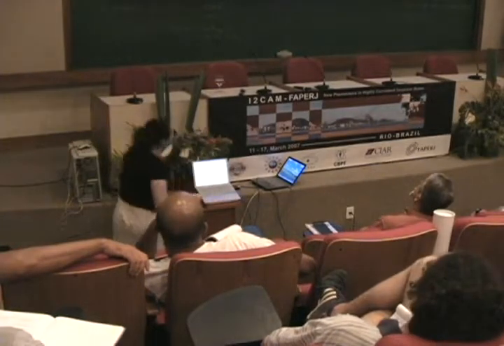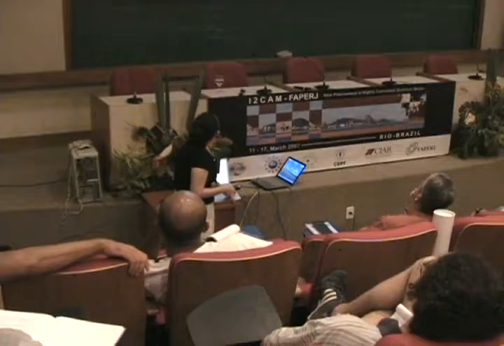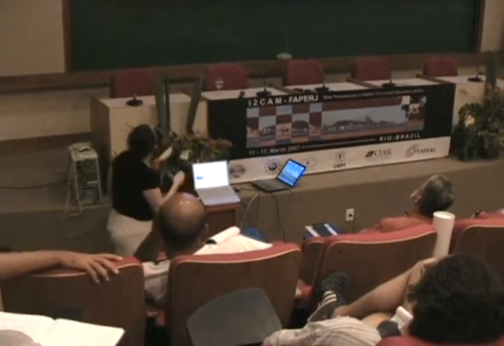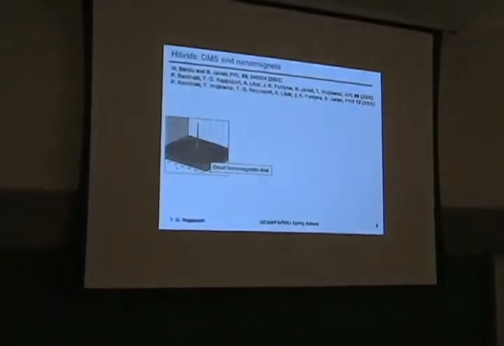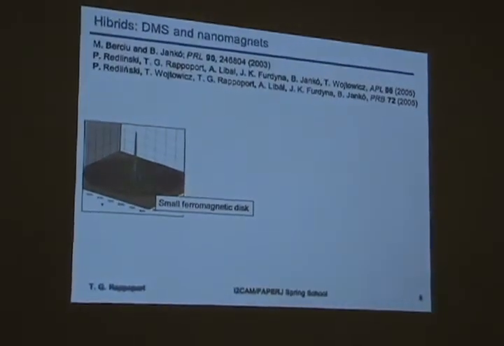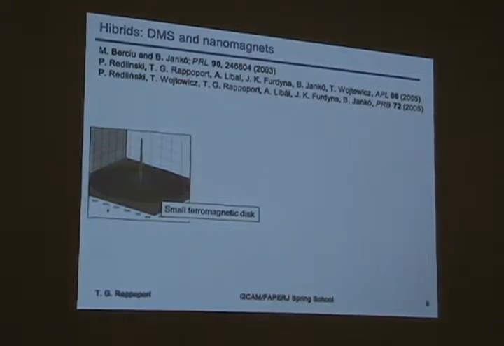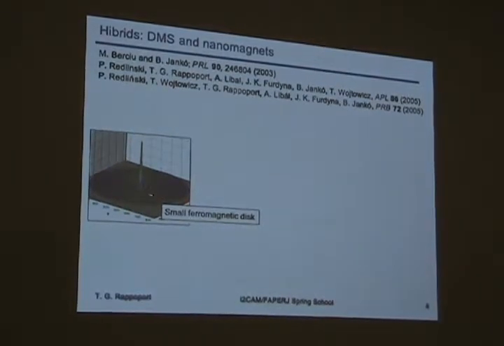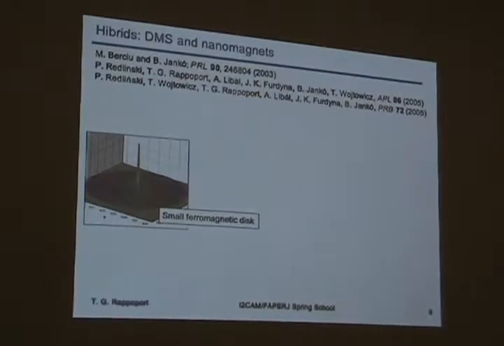So let's begin with one idea of these hybrids. You put a small ferromagnetic disk, and the magnetization of a disk like that doesn't need to be nano. It's just on the order of microns. It's in plane and goes out of plane at the very center of the disk, on a scale of 10 to 30 nanometers, depending on the material.